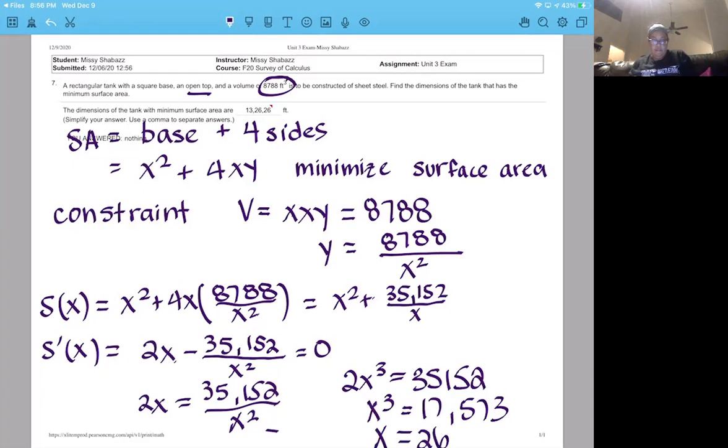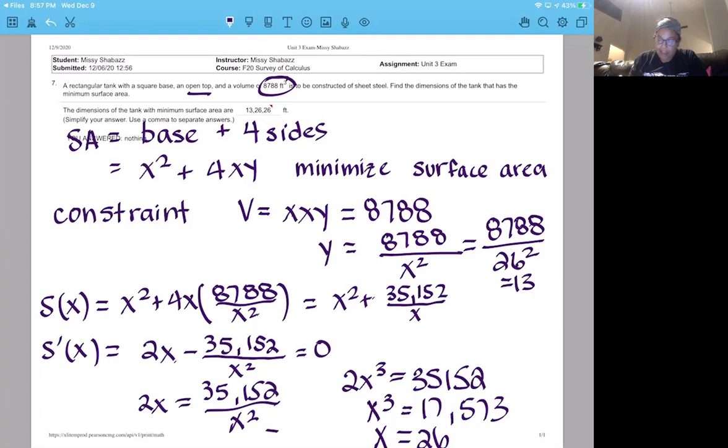All right, so if x equals 26, then y equals 8,788 divided by 26 squared, which gives me 13. Now, really, we should check to make sure that that is a minimum.